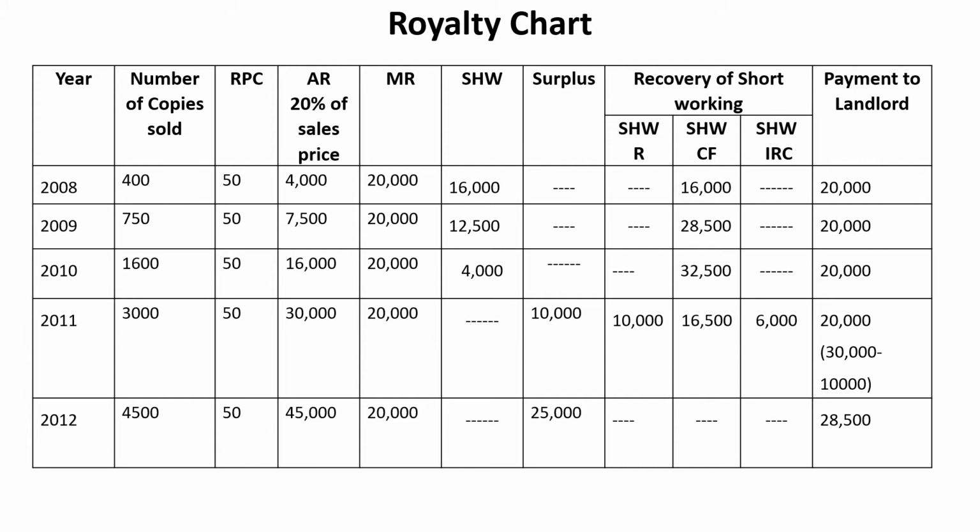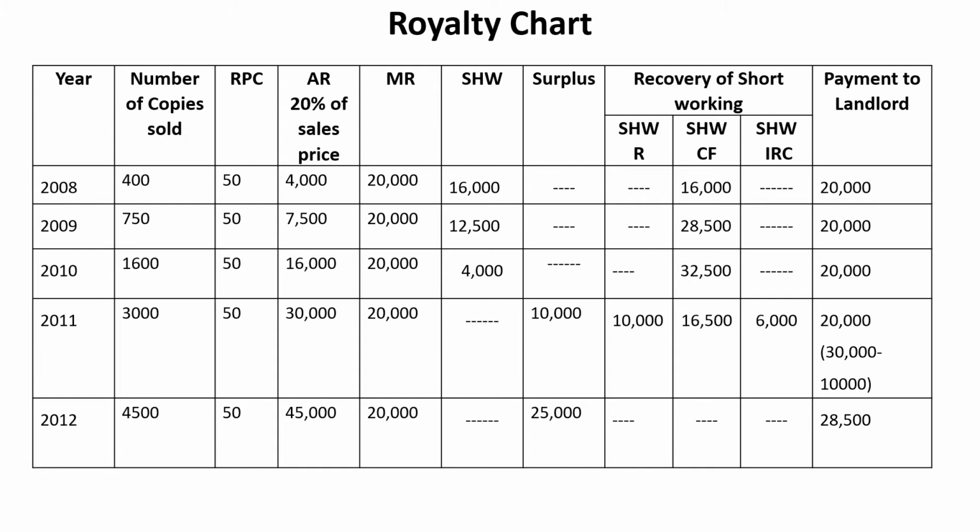Short working is rupees 4,000. We don't have any surplus, nil. Short working recovered is nil. So total short working carried forward is rupees 32,500, that is 16,000 plus 12,500 plus 4,000. We get 32,500 as carry forward. So payment made is 20,000.